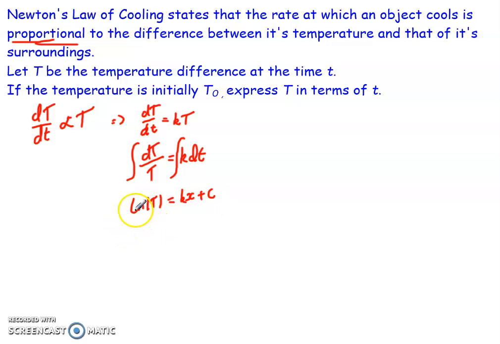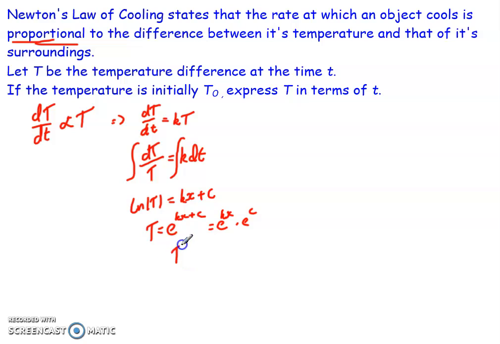Now I'm going to get rid of the logarithm here because what I want to do is express capital T in terms of t, so all I want left on this side is T equals. So I know from that T equals e to the kt plus c. Now remember, when you get anything in this format, split it up using our rules of exponentials, so I'd have it written as e to the power of kt times e to the power of c, and then take this e to the power of c and represent it again by a generic constant.